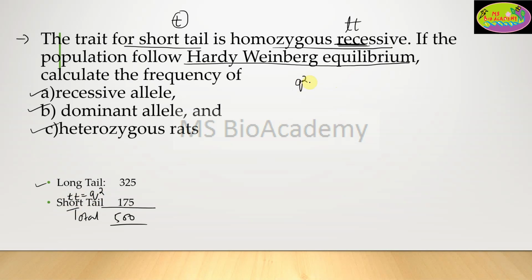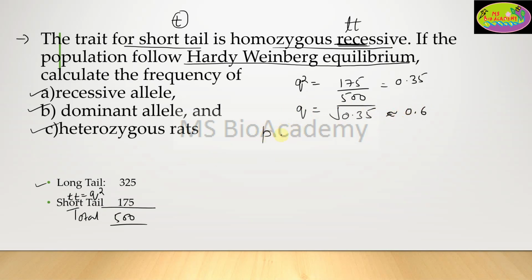So q square is equal to 175 divided by your total number. That will be the frequency. So it will come to some 0.35. Now in order to calculate the value of q, we're going to find the square root of this. So it comes to approximately 0.6.